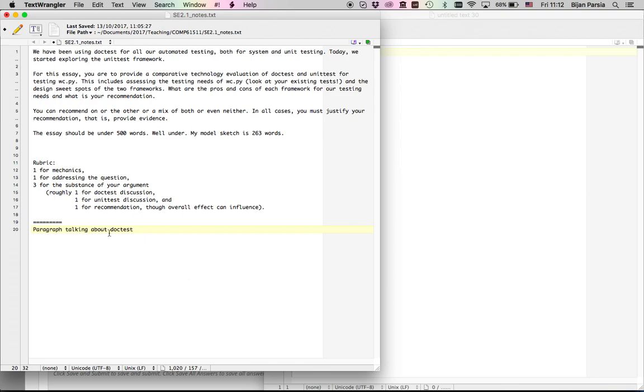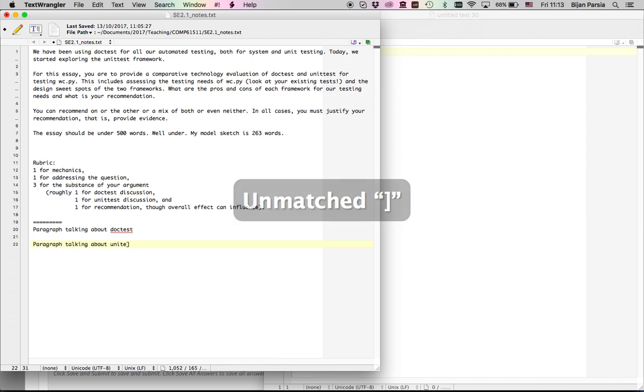That suggests that I need to talk about it. It says doc test discussion. It doesn't tell what I'm to say about doc test. I have to get that from up here. But I know that I'm going to need to say something and say it clearly about doc test. And it certainly then suggests a paragraph talking about unit test. And then, of course, a recommendation.